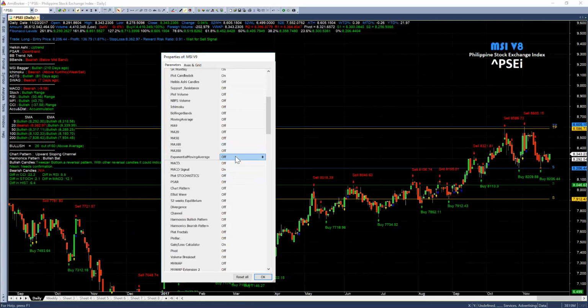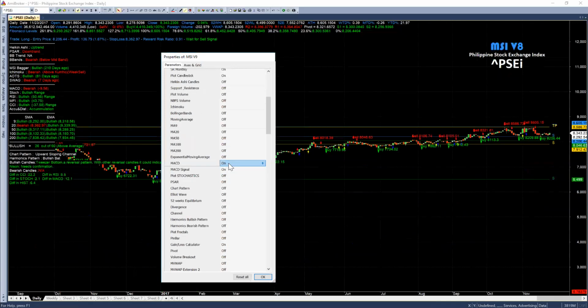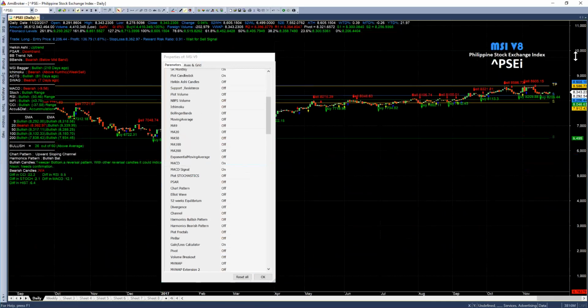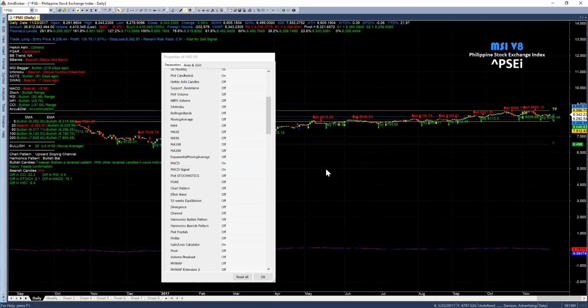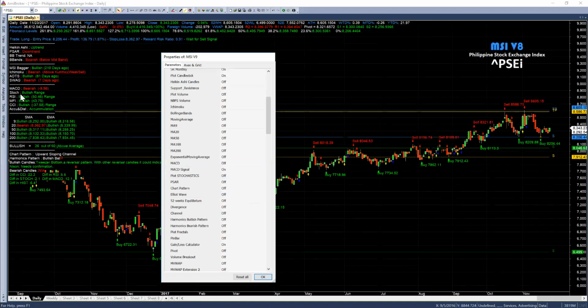We also have your EMA, or your exponential moving averages. We have the MACD. Okay, and this is baba, MACD crossover. Again, it's all here, yung mga indicators.